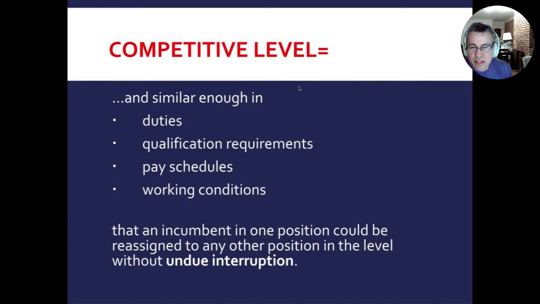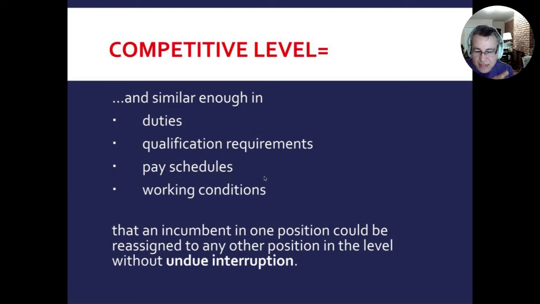And the competitive level has to be similar enough in duties, qualifications, pay schedule, and working conditions. And the test here, when they offer you something, if they are doing away with your position in a RIF and they offer you something comparable, is whether that other position could be reassigned to a person without undue interruption.